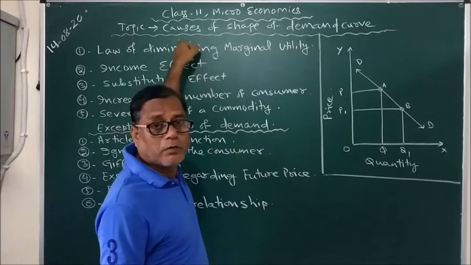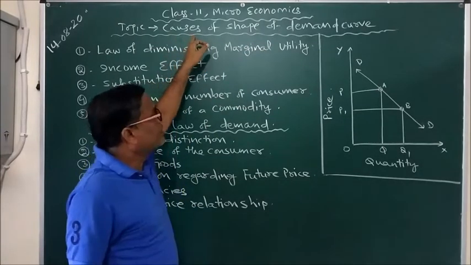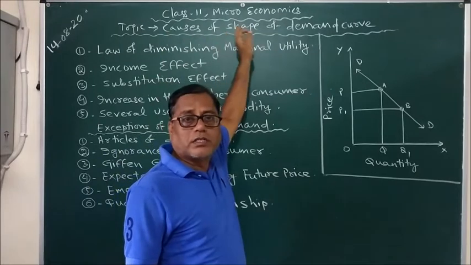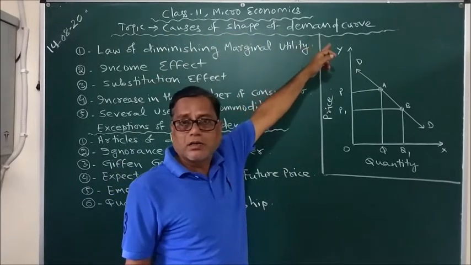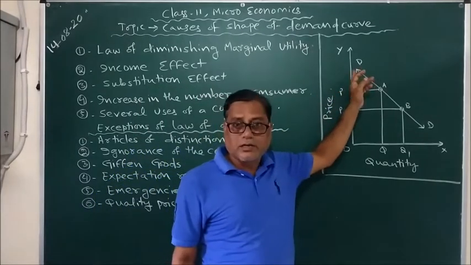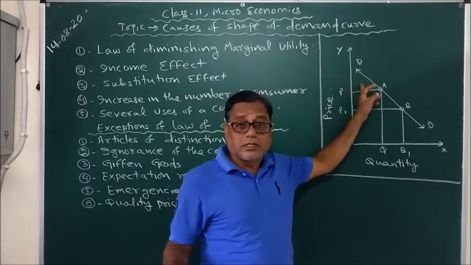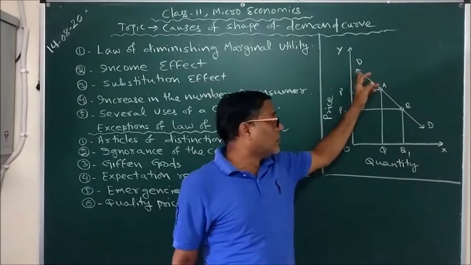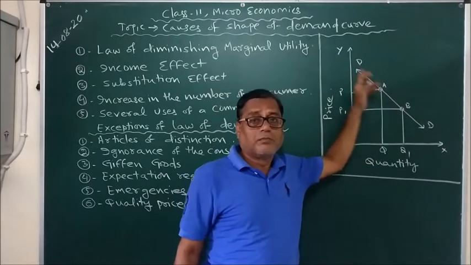And today our topic of discussion will be causes of the shape of demand curve. That means why, or what are the reasons, that the demand curve slopes downward from left to right.